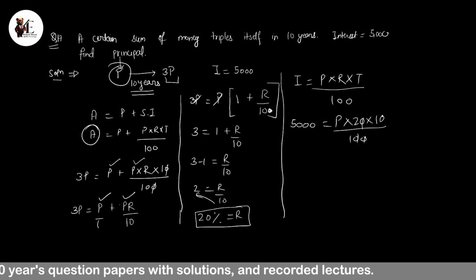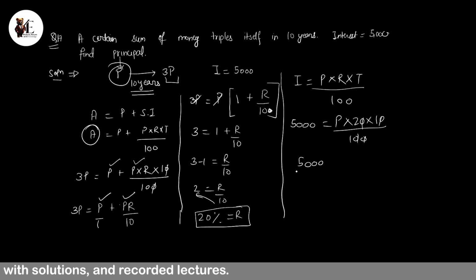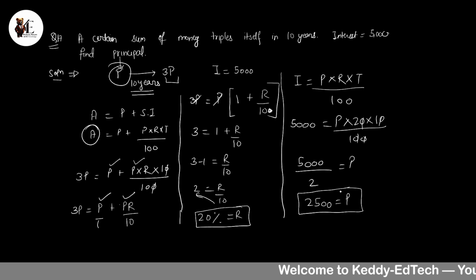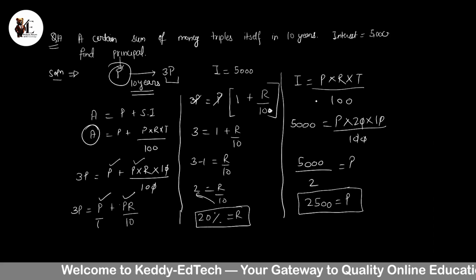So zeros will be cancelled out, and 5,000 over 2 is equal to principal. When I divide 5,000 by 2, I will get 2,500 as the principal. So that will be the value of the principal. Please go through these steps once again and let me know if there is any doubt in any of this.